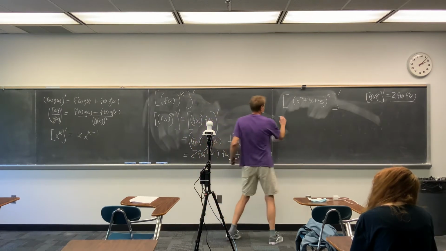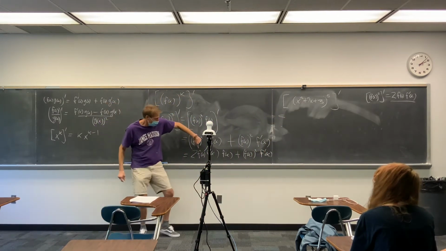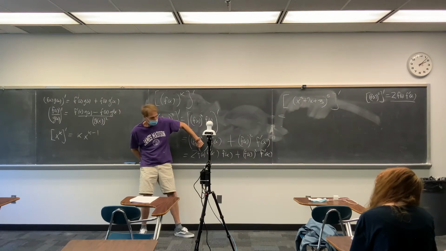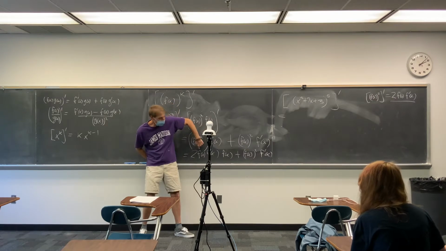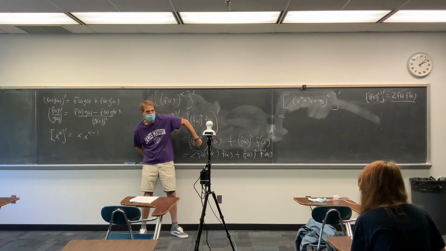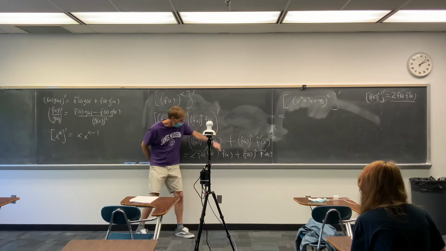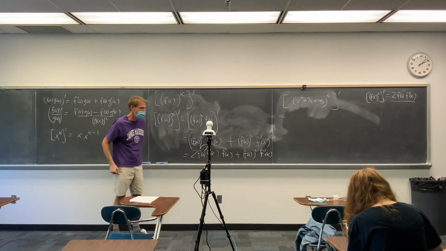Now we're one step up here. Now look here. I have f of x times f of x. This f of x times that f of x would be f of x squared.